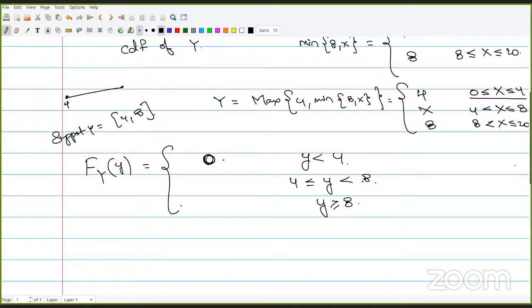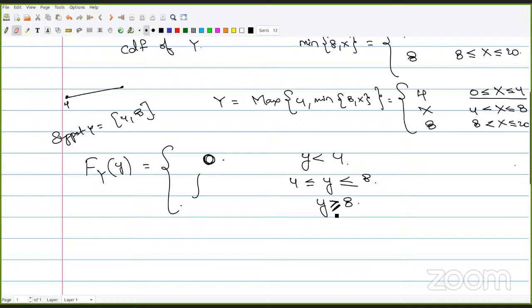Y takes values only from 4 to 8. Y greater than or equal to 8 is also 0, because it is just from 4 to 8.